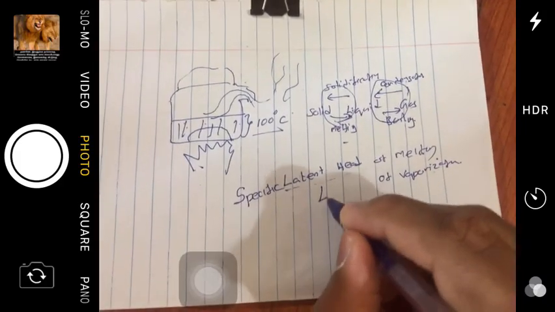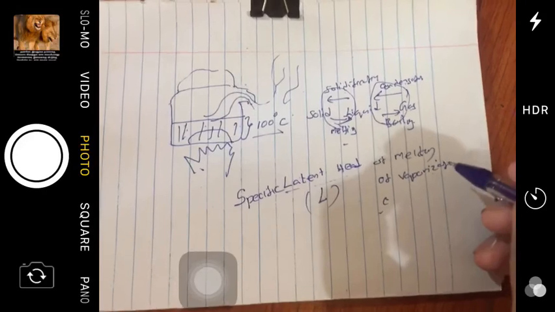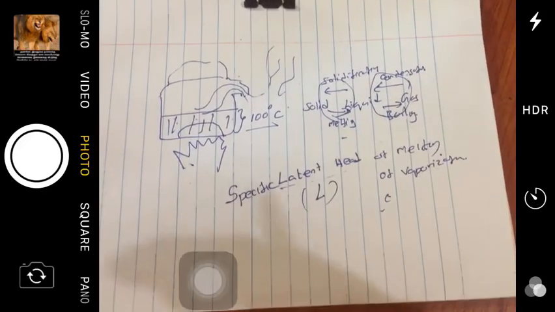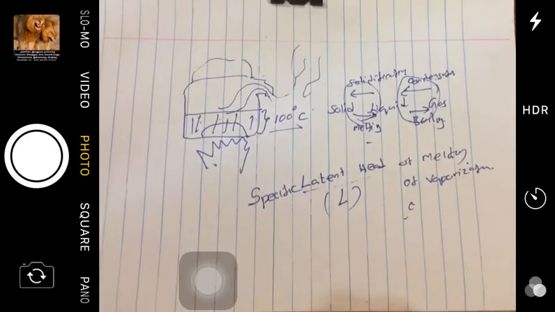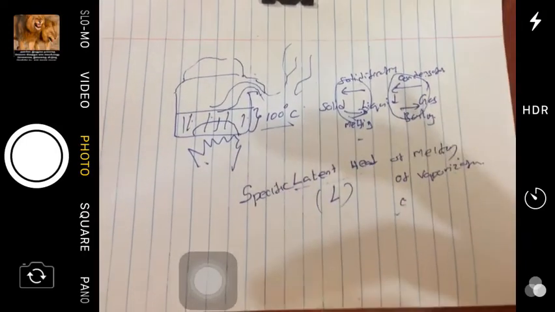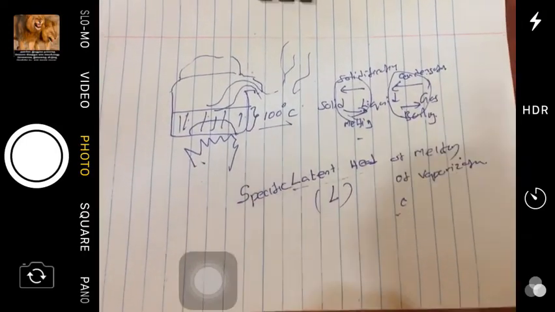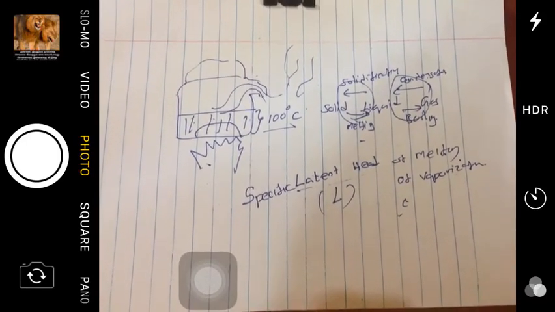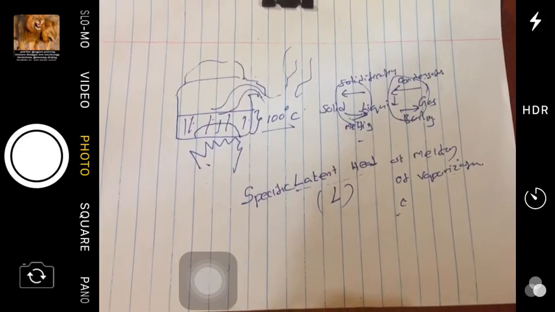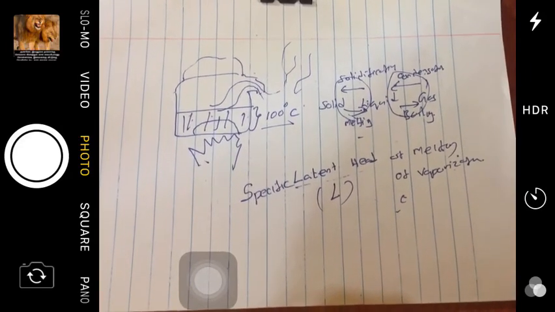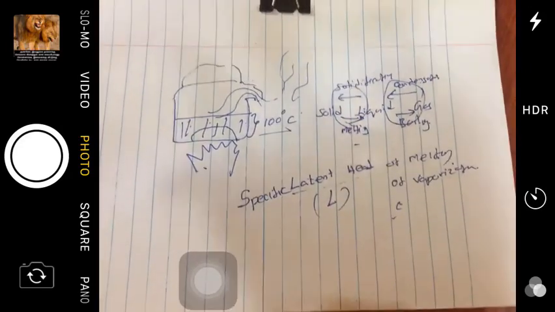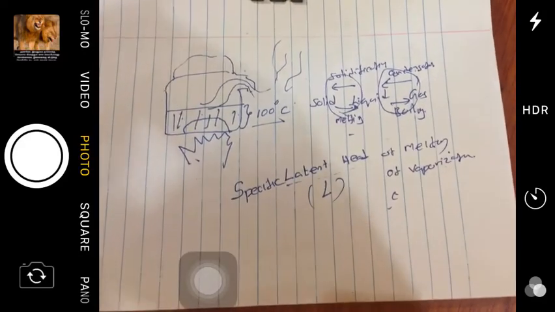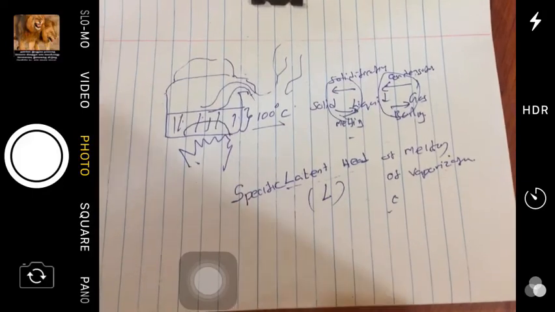Just like in specific heat capacity we were talking about 1 kilogram of a substance, here also we're going to talk about 1 kilogram of a substance. So specific latent heat is the heat energy that is required to change the state of 1 kilogram of a substance.